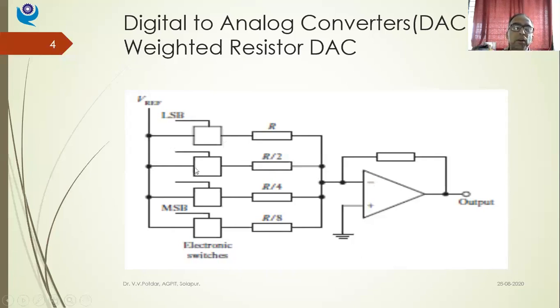When this switch is off, there will not be any reference voltage corresponding to resistance R at the inverting terminal. Similarly, based on whether each switch is on or off, the equivalent reference voltage will be supplied to the inverting terminal. So we are moving from least significant bit to most significant bit.